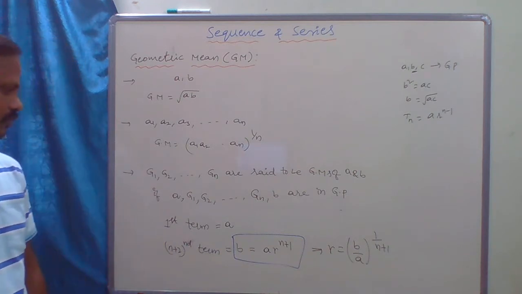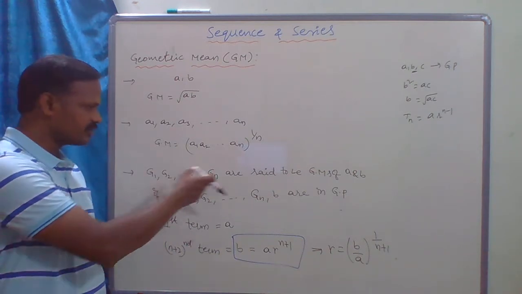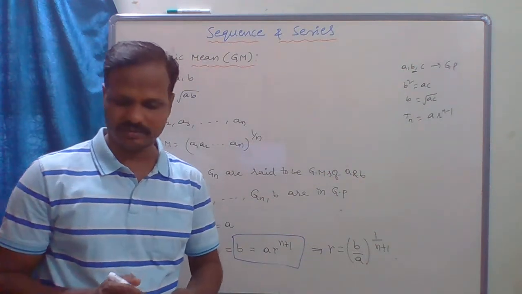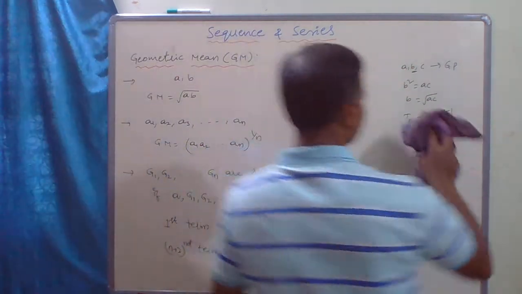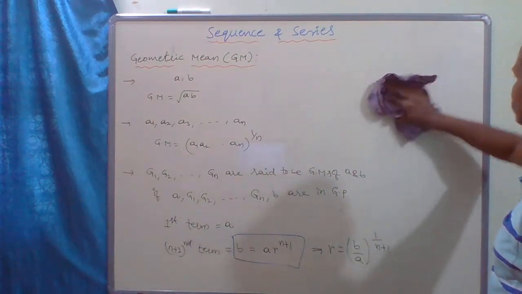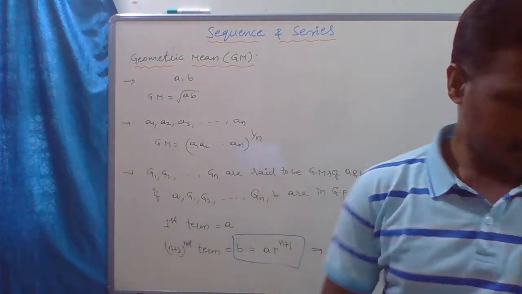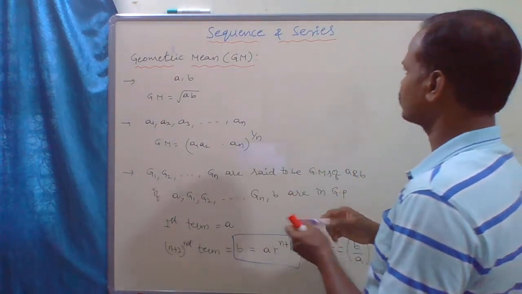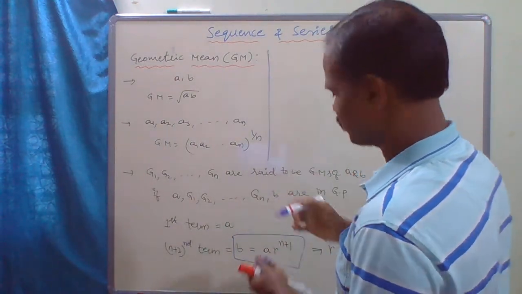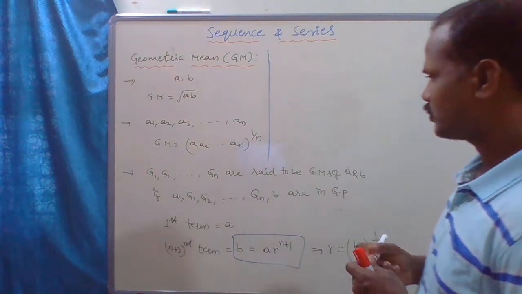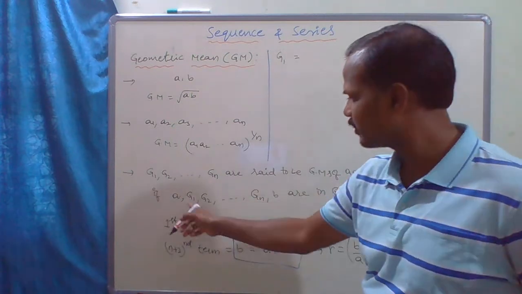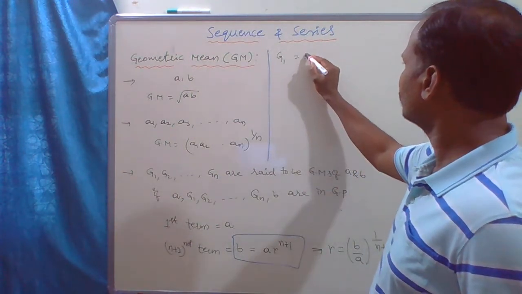Now we can write all these geometric means in terms of R. First G1. G1 is the second term.